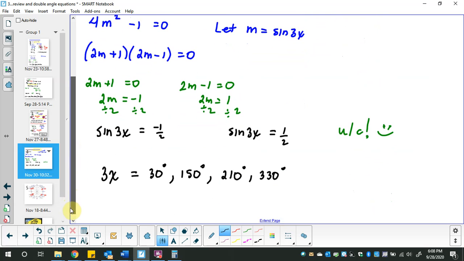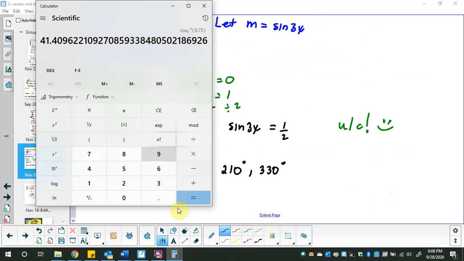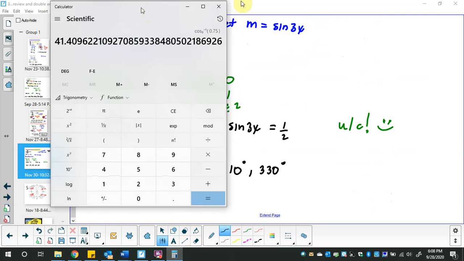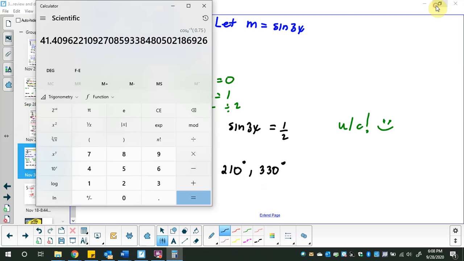So I'm going to dig out the calculator just because I don't want to think this through too badly, and I'm going to let the technology do the work for me. And I want you to see this.